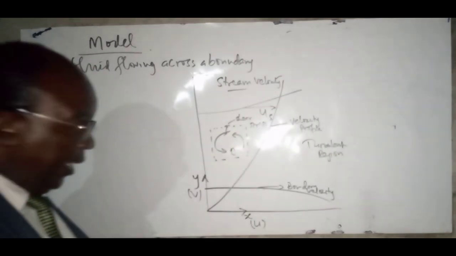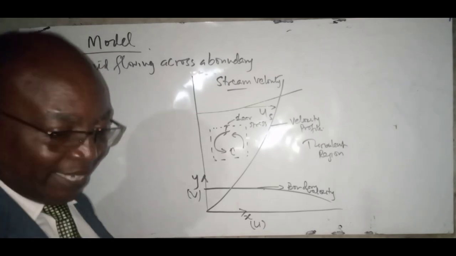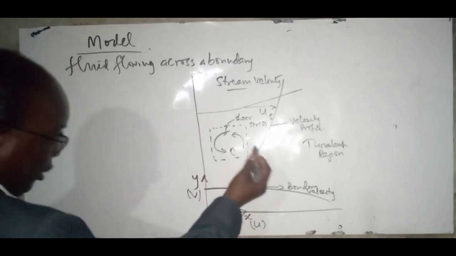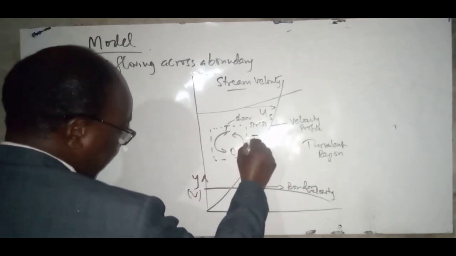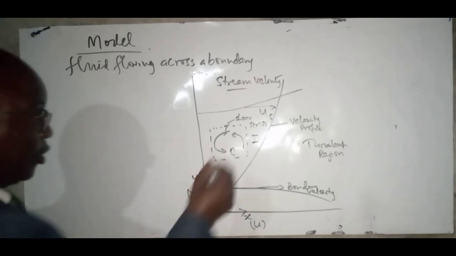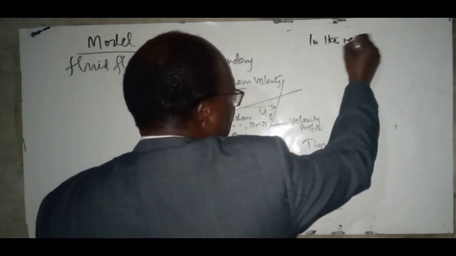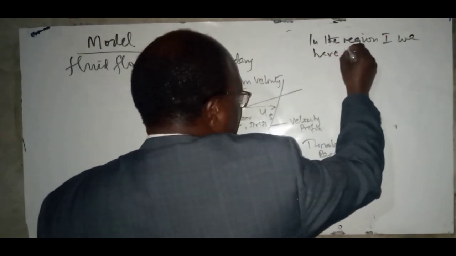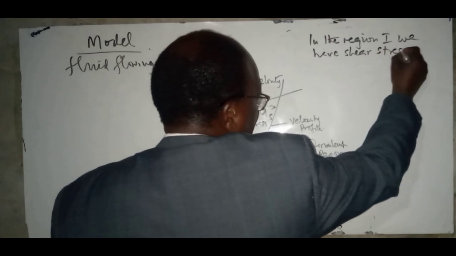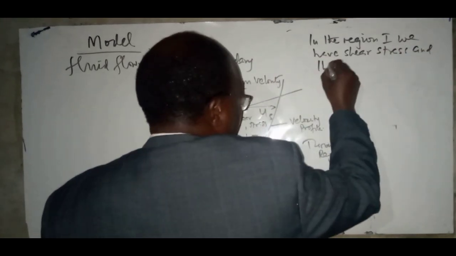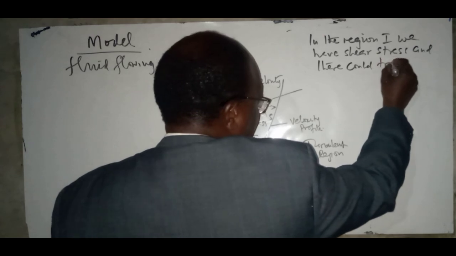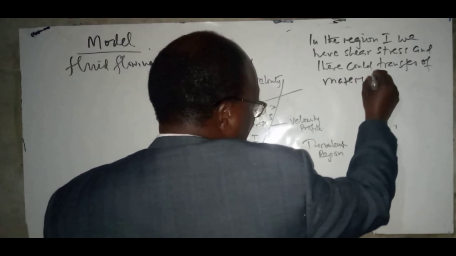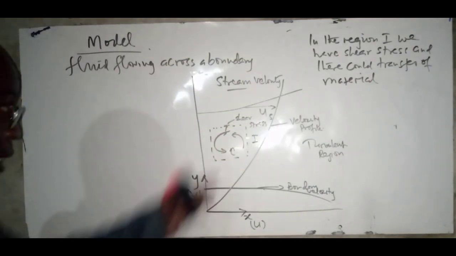We had said that in this shear stress region there could be material transfer or momentum transfer. Let's call this region Roman numeral 1. In the region Roman numeral 1, we have shear stress, and there could be transfer of material, because remember, like we have always said, these are open systems.